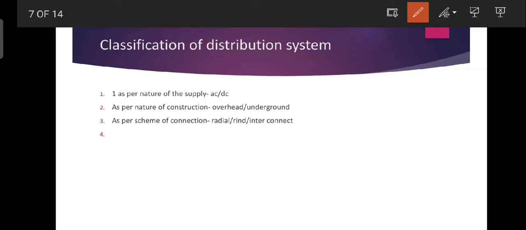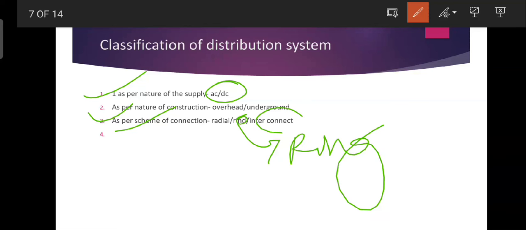First, as per the supply, there are AC and DC type distribution systems. As per the nature of construction, there are overhead distribution systems and underground distribution systems. As per the scheme of connection, there are radial type, ring type, and interconnected type distribution systems.